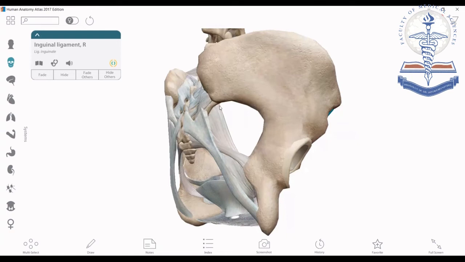Here we will find our greater sciatic notch, and here we will find the posterior inferior iliac spine, and here we will find the posterior superior iliac spine, which will also continue as the iliac crest.